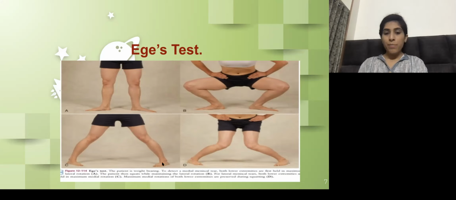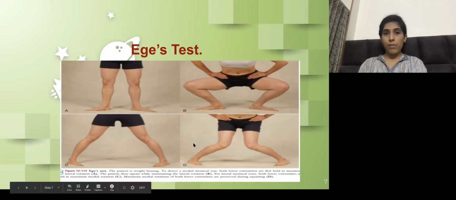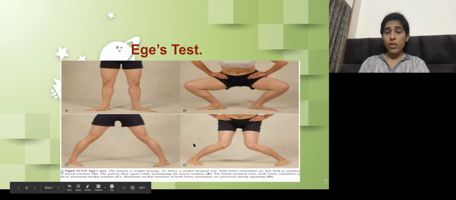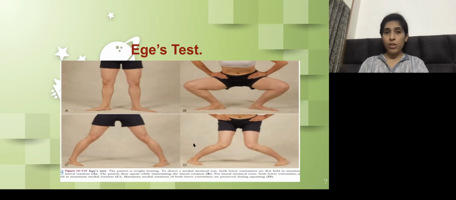And if we ask the patient to do medial rotation of the pelvis and hip, and then do the squatting position, then there is involvement of the medial collateral ligament. Whenever we do lateral rotation and check, it is the medial collateral ligament, and when we do medial rotation and allow the patient to move, there will be lateral collateral ligament involvement.